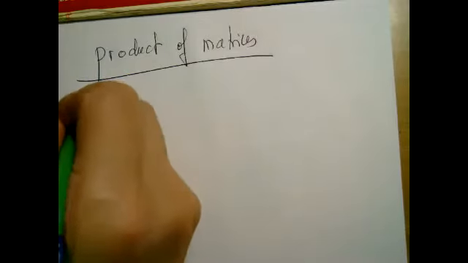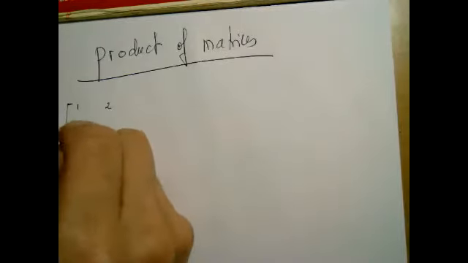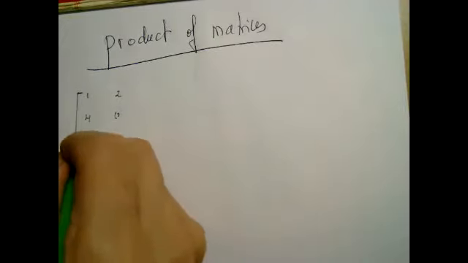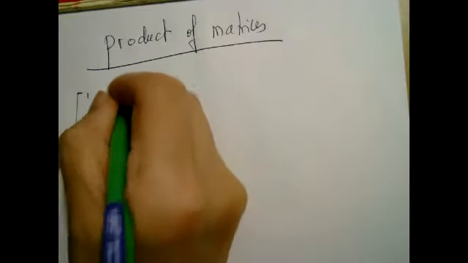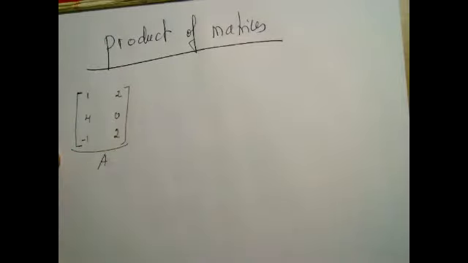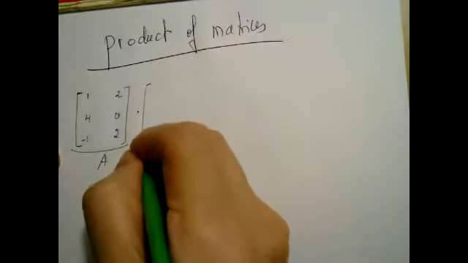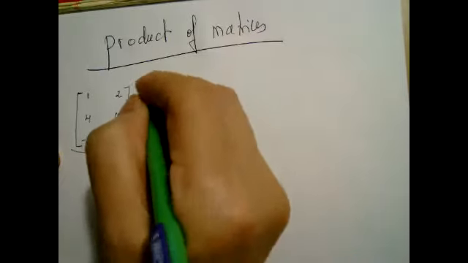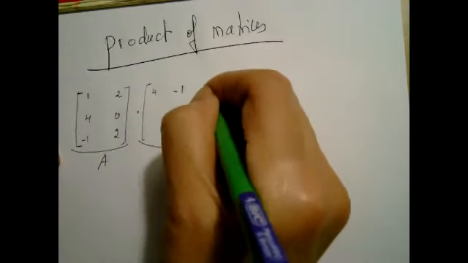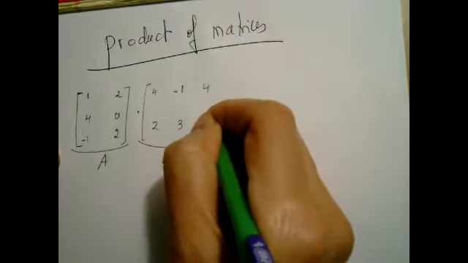So let me take this matrix: 1, 2, 4, 0, minus 1, 2. That's my matrix A. And I'm going to multiply it by another matrix B. And B, let us say, is 4, minus 1, 4, 2, 3, 5.